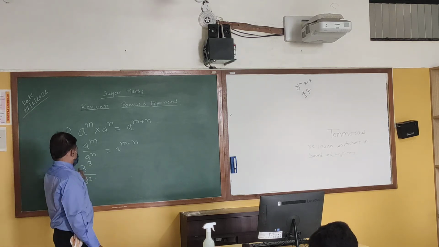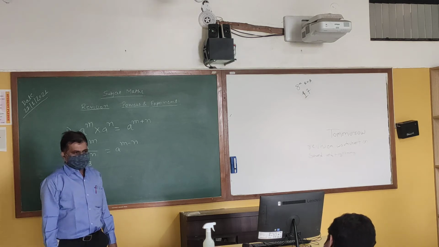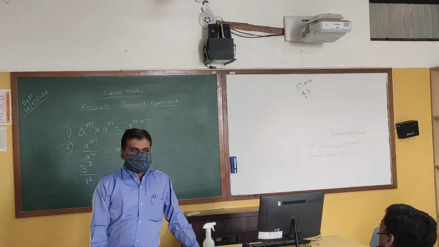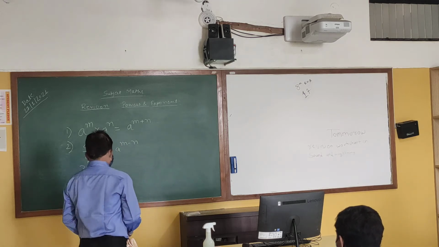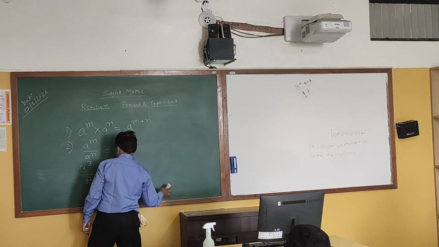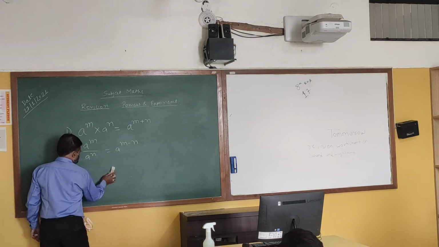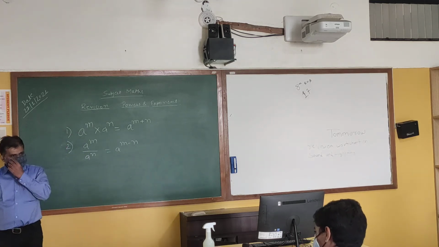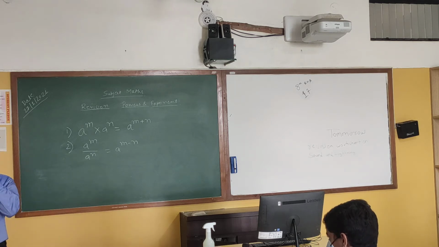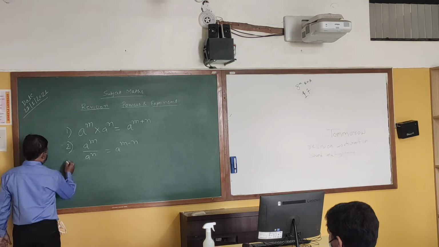It is very clear that 3 raised to power 3 is 27, 3 raised to power 2 is 9, 27 upon 9 is 3. So if you know the rule, instead of calculating and doing all these things, simply we can tell the answer orally.